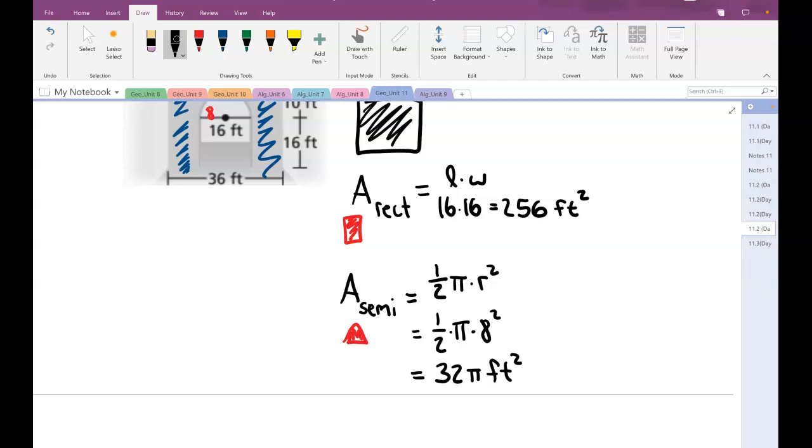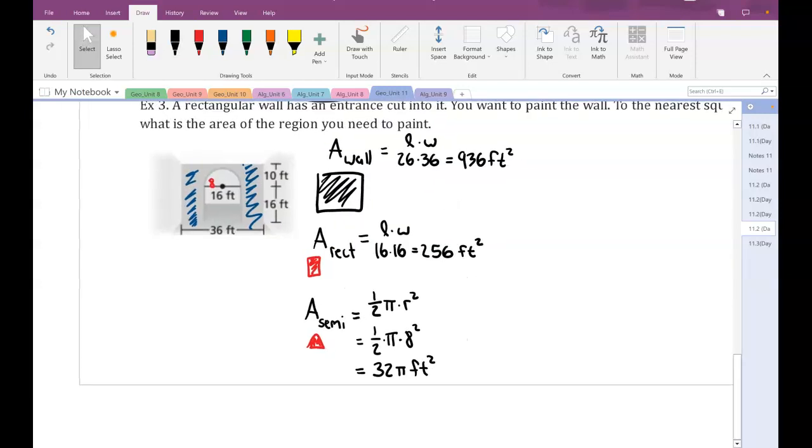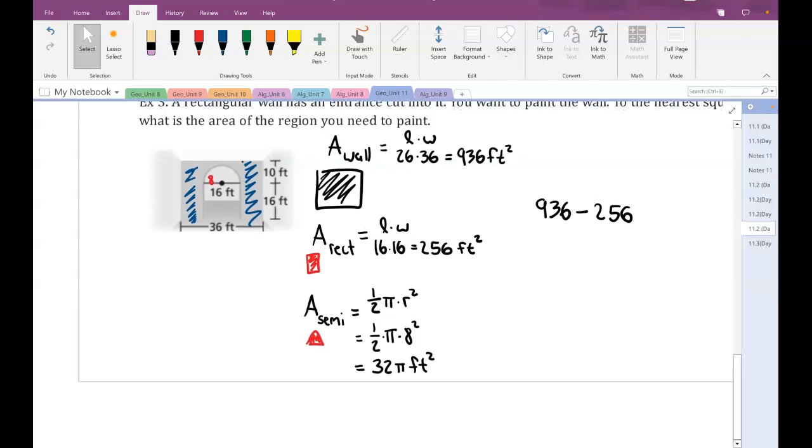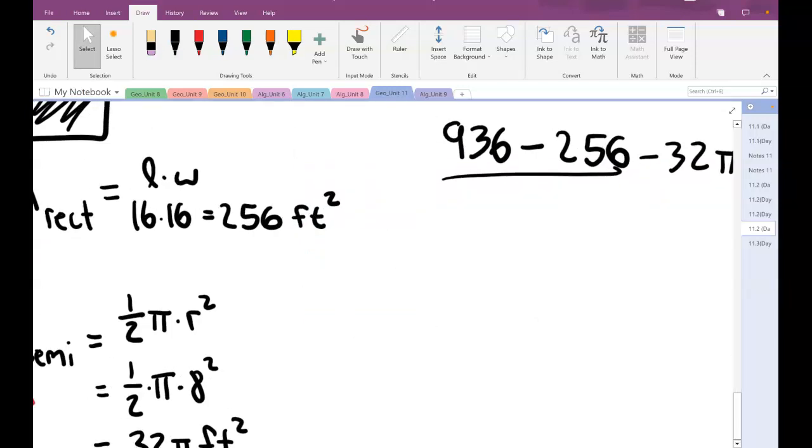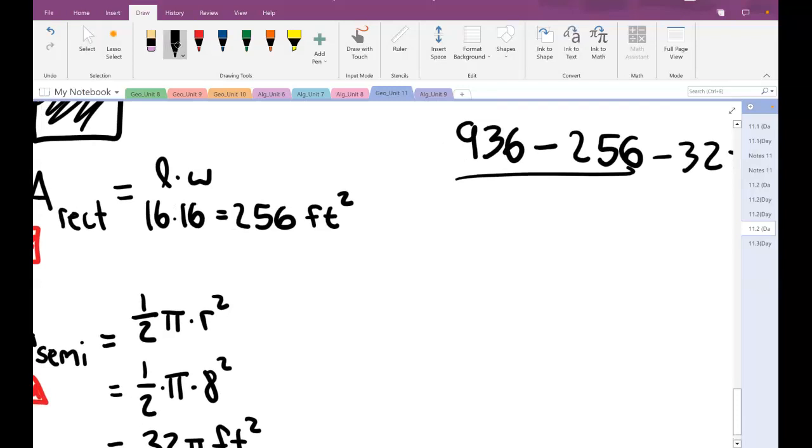And now we have all the information we need to find the area of what we're going to paint. We take the area of the wall altogether, which was 936, and it's nice because we labeled it, and then we take away the rectangle part, the 256. Then we also take away the semicircle area, which is 32 pi. We're left with just the outside of our arch. First, I would subtract your whole numbers: 936 minus 256 is 680.